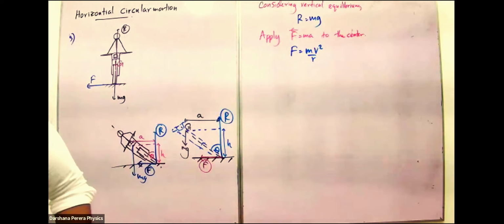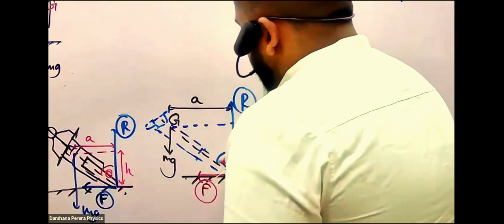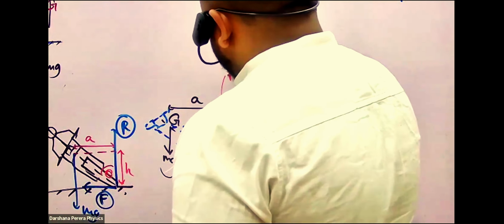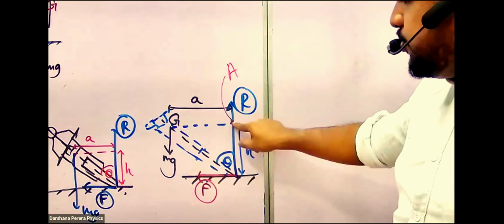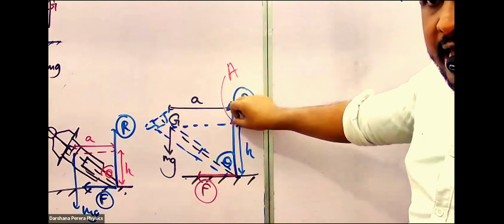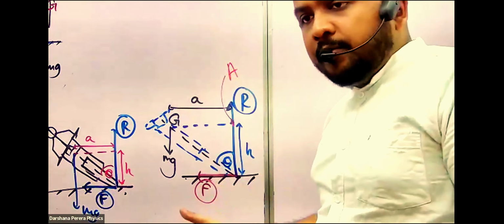Then we have to take moments about point A. Take this point as point A, and write it down in your notes. We have to take the moment around point A. This is in equilibrium.